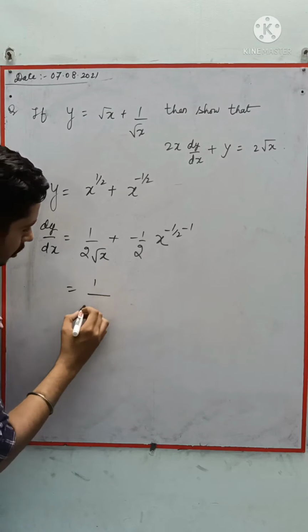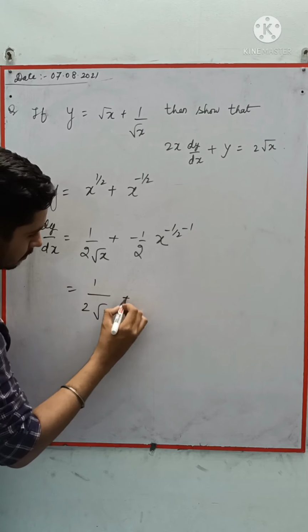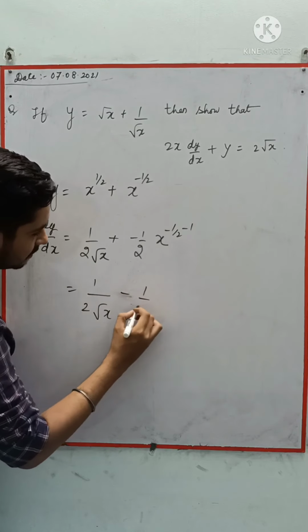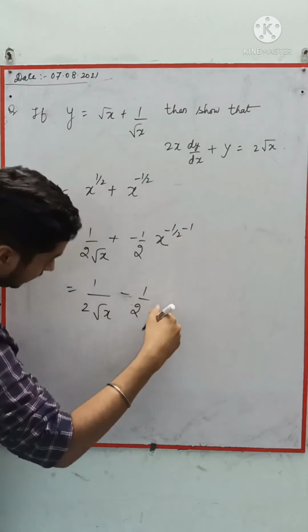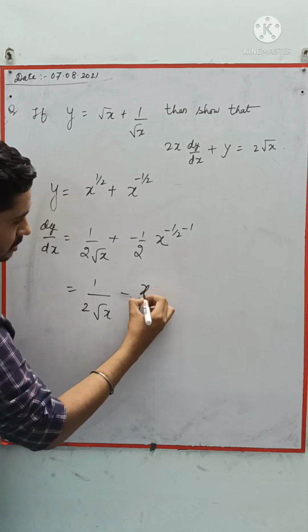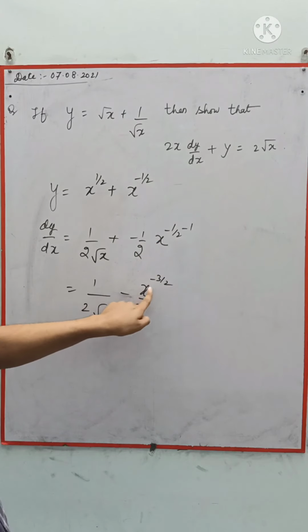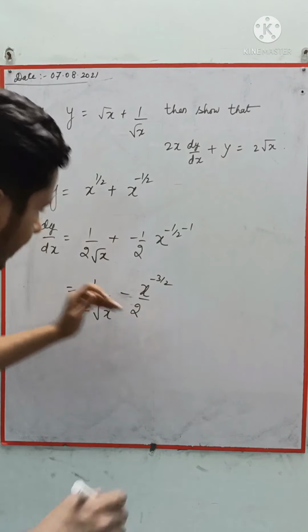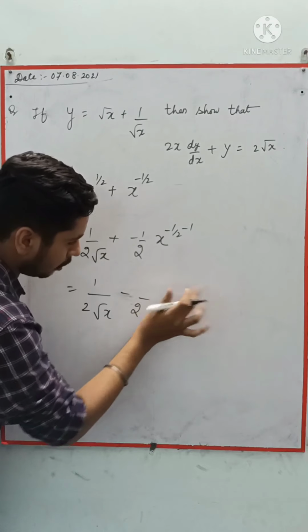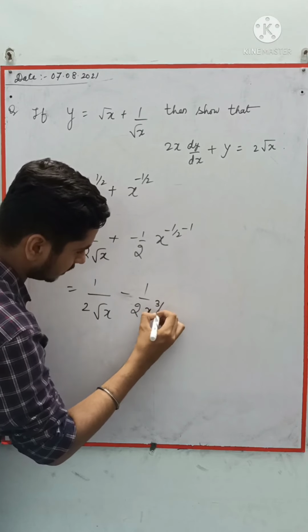Now 1 upon 2 root x, and this is x to the power minus 3 by 2, because minus half minus 1 is minus 3 by 2, and if you take it down, it will be positive x to the power 3 by 2.